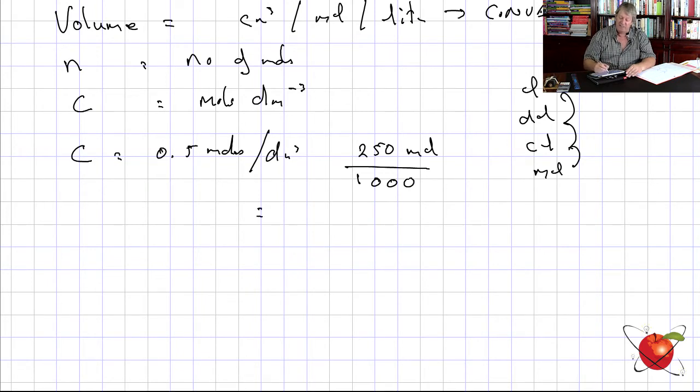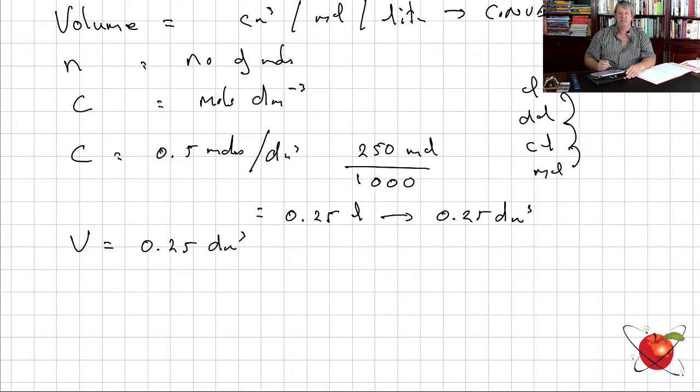So that is going to be 0.25 liters, which is the same thing as 0.25 decimeters cubed. Therefore, we now have volume, 0.25 cubic decimeters.